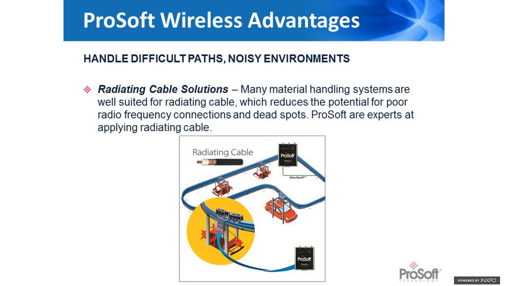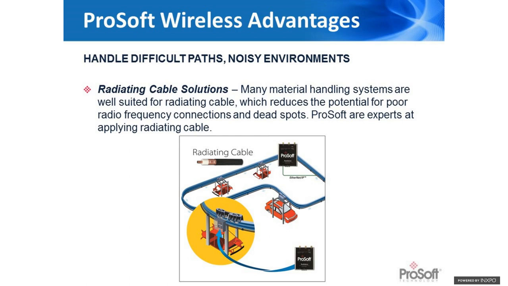At ProSoft, we've become experts at something called radiating cable solutions. And I'll talk about that here in a second. Radiating cable essentially allows us to place the RF signal directly along the path of the machine, wherever it goes in the plant. This is a great technology for automated material handling systems.